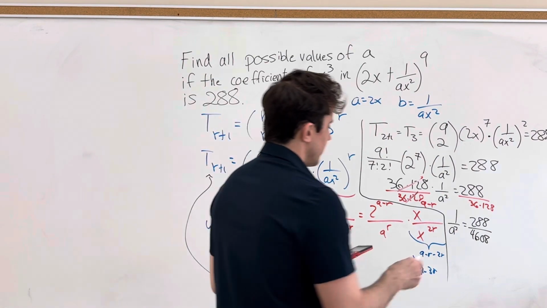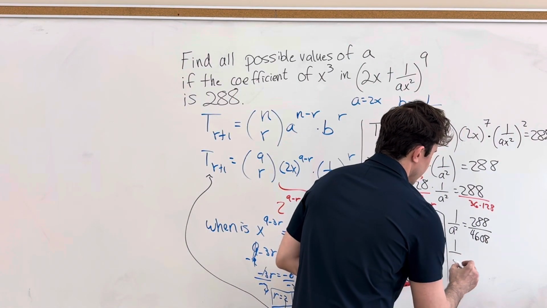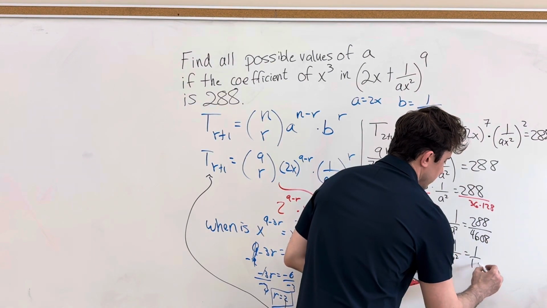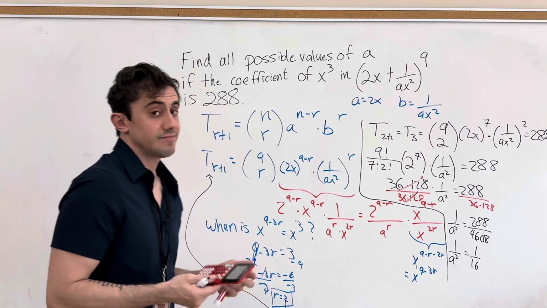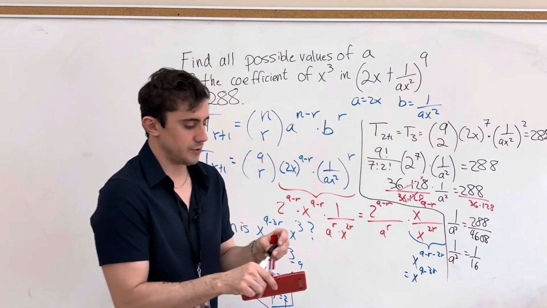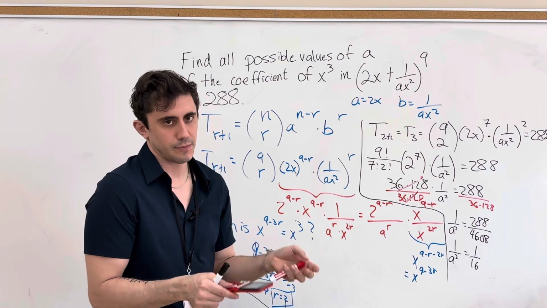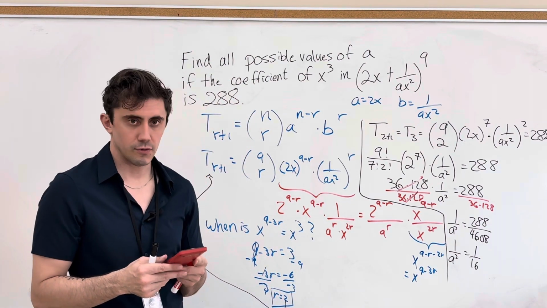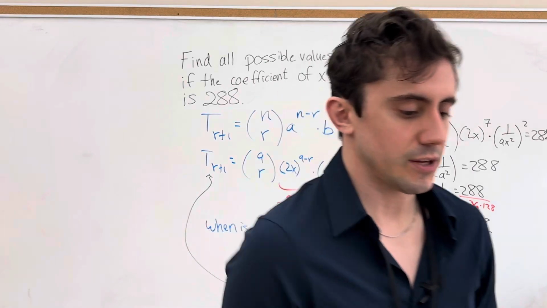Yeah, so that simplifies down to 1 over 16. Turns out you can simply do this step by step, slowly simplifying your fraction down to its most simplified form, to its irreducible form, and you'll get 1 over 16.